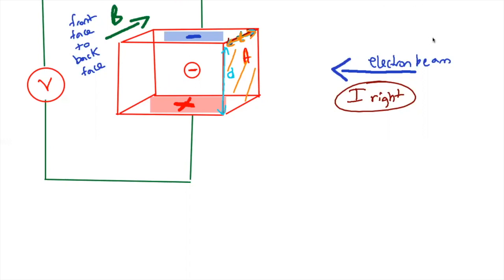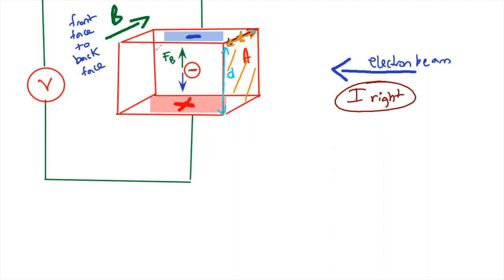Can I say that they're going to face two forces? This is going to be the magnetic force. This is going to be the electric force. Why? Because minus attracts to plus. And magnetic force, due to Fleming's left-hand rule, we know the electron should go up.